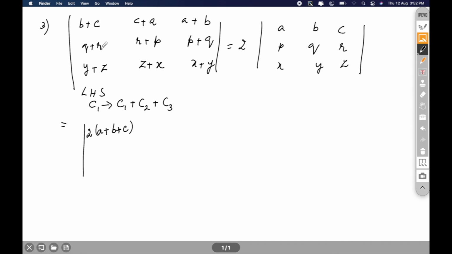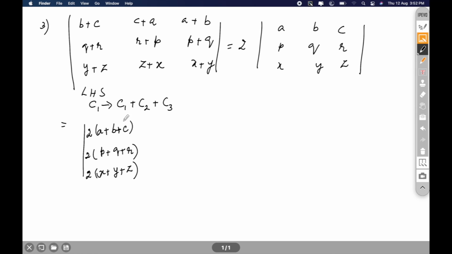Similarly, if I add Q plus R with R plus P and P plus Q, I will get twice of P plus Q plus R. Next, Y plus Z added with Z plus X and X plus Y. That also will give me twice of X plus Y plus Z.